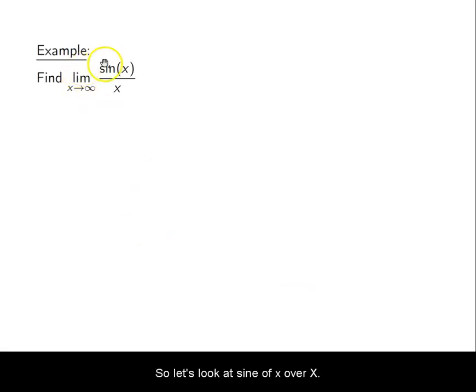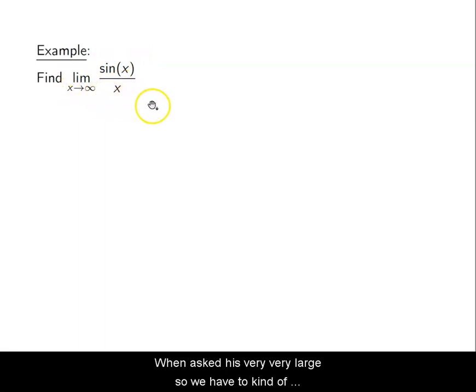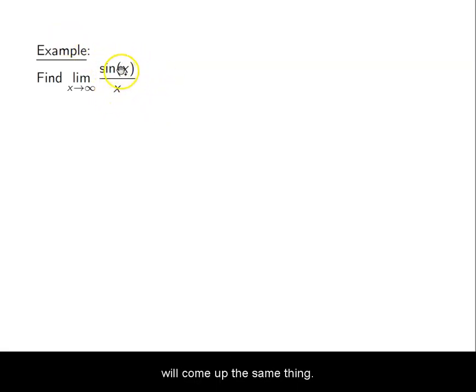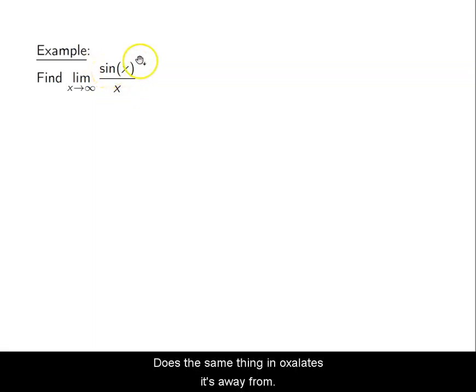So let's look at sine of x over x when x gets very, very large. So we have to kind of think about it. Here, we can divide everything by x, which probably is not going to be super helpful because we will come up with the same thing. But we can talk about what is going to dominate. Well, sine of x oscillates.